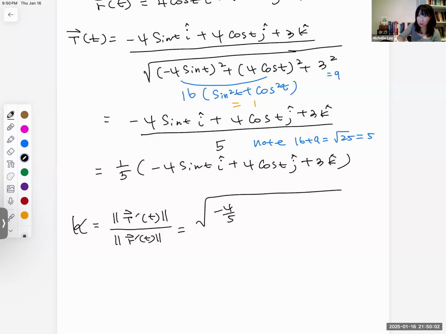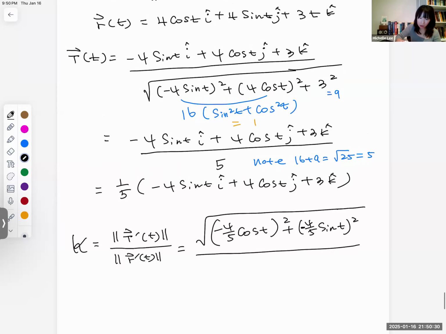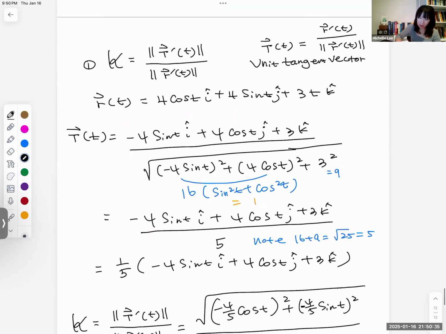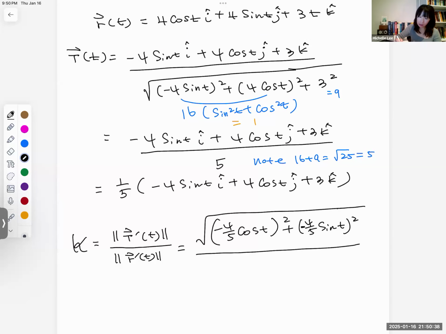Derivative of sine, which is cosine, and then squared, plus 4 over 5, negative sine, and then that's it, right? 3 is 0 over magnitude of r prime of t. Oh, there is, yeah. So that's the 5.